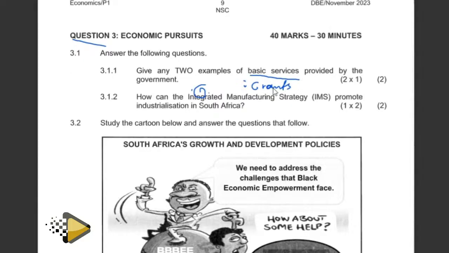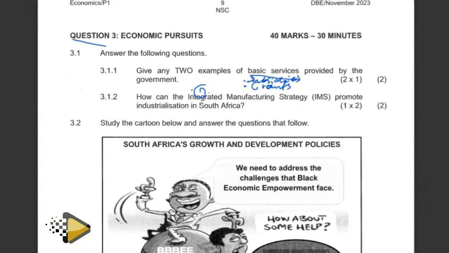And also, one of the examples of basic services provided by the government is what we call subsidies. We have subsidies and the like. Okay, right. So now let's move on to the next question.